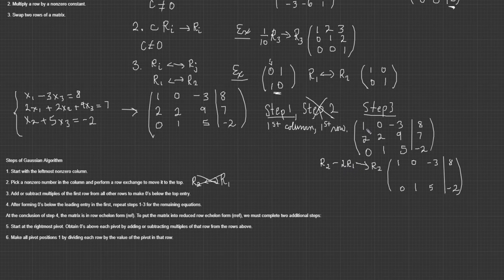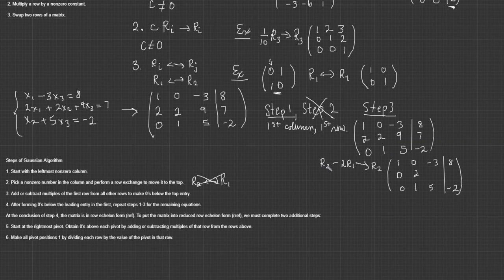So it's 2 minus 1 times 2, which is just going to be 0. Then 2 minus 0 times 2, and 0 times 2 is just 0, so it will just be 2 minus 0. And so that will give us 2 in this position.